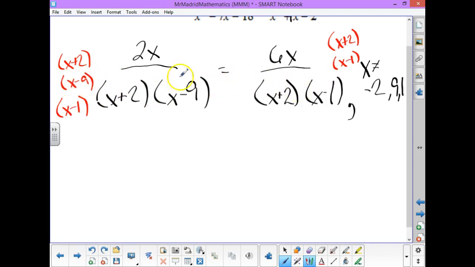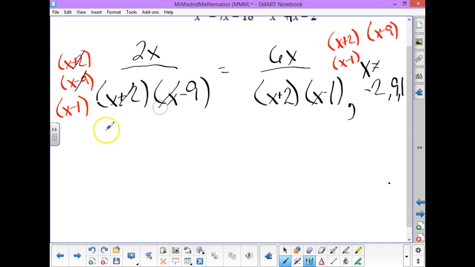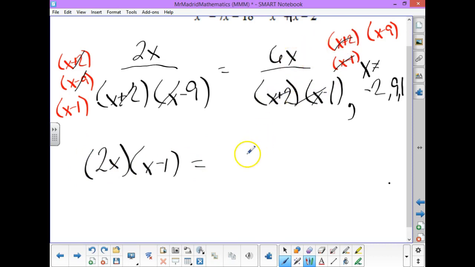And this one has an x minus 9, this one doesn't, so I'll toss it in here, x minus 9. Look at what's going to happen: a lot of nice cancellation. These two are canceled out, and I'm left with 2x times x minus 1 equals, these two are canceled, so I'm left with 6x times x minus 9.